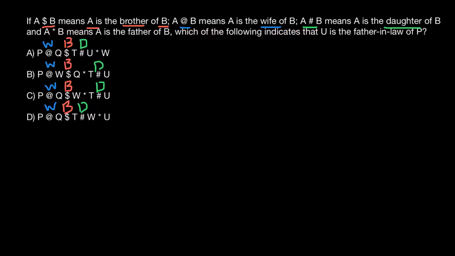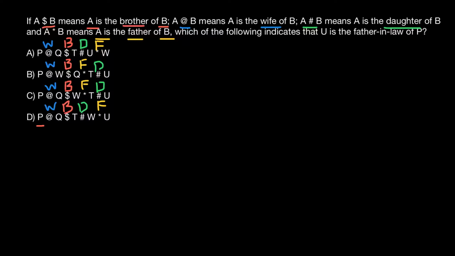And the last, the asterisk, means A is the father of B. So let's put F here, here, here, and here.